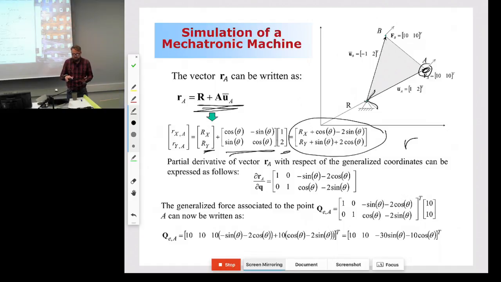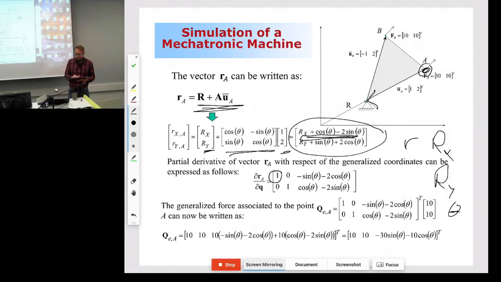This is the r vector. Now I'm going to differentiate r with respect to the generalized coordinates. What are the generalized coordinates in this case? Rx, Ry, and theta. One more apology about my writing today, it's very unclear. You differentiate this first with respect to Rx, that's going to be 1.